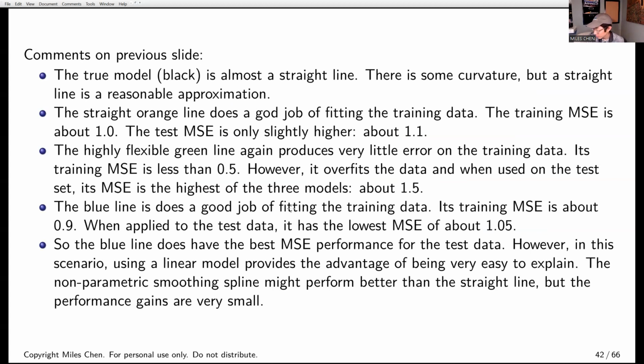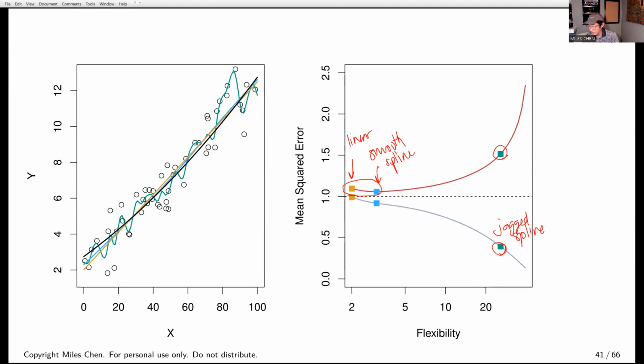Okay, so similar kind of story here. The blue line does have the best performing mean squared error on the test data. But I would say maybe a linear relationship provides the advantage of being really easy to explain. You can say the relationship between x and y is that when x goes up by 10, y goes up by 1 or something like that, right?